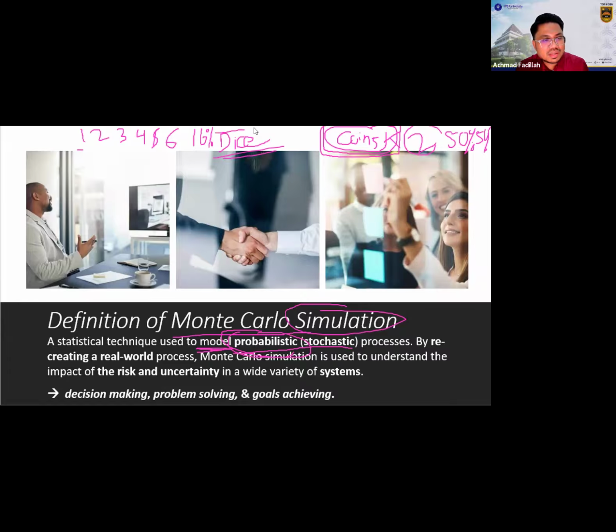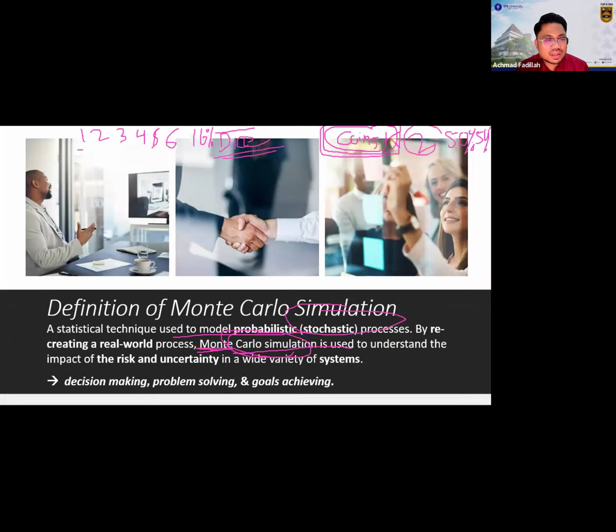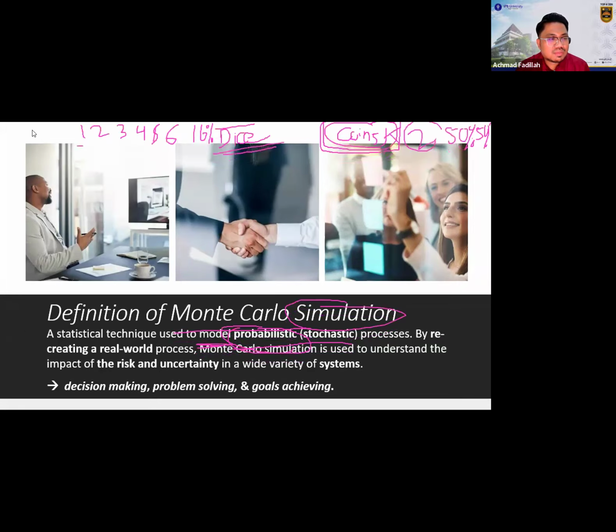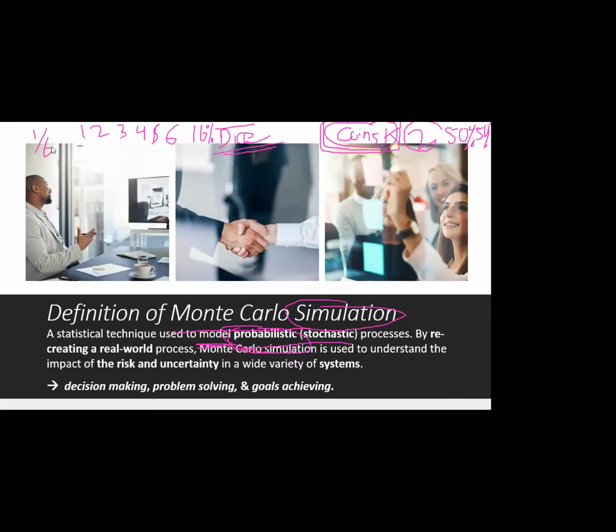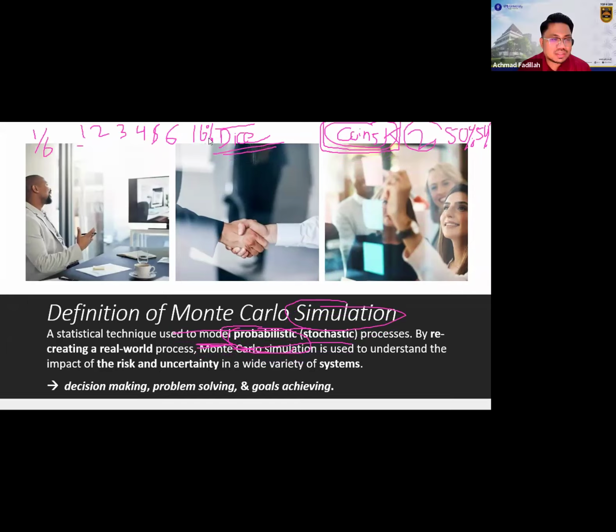I believe you get this from 1 divided by 6, like this, right? Yes, sir. Okay, good. 16.67, or 16.7 percent. That's true. Thus the probabilistic.